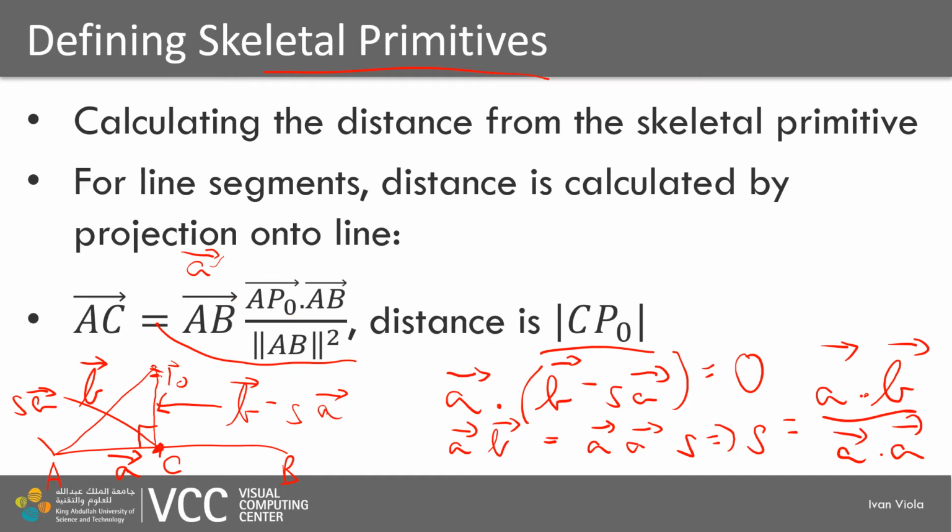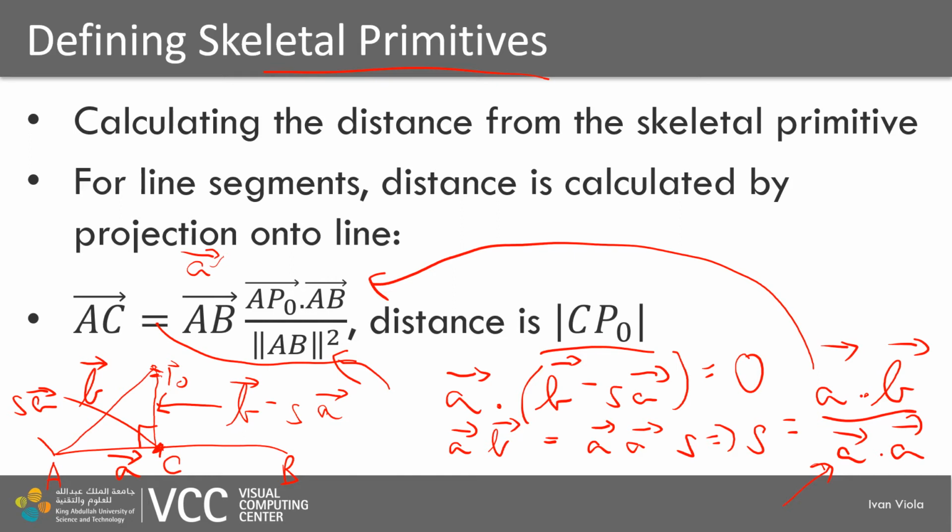And we can see that our A and B are AB and AB0, and the denominator is a scalar product of A with itself, so AB squared is here the value.